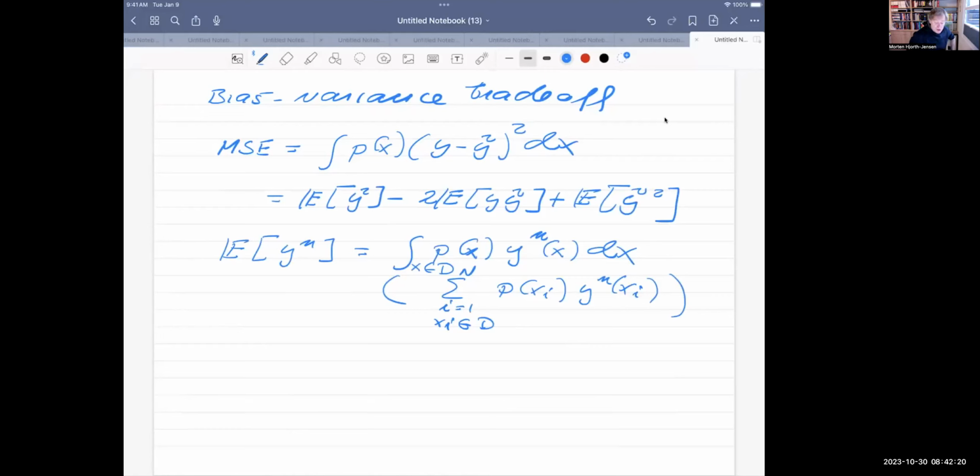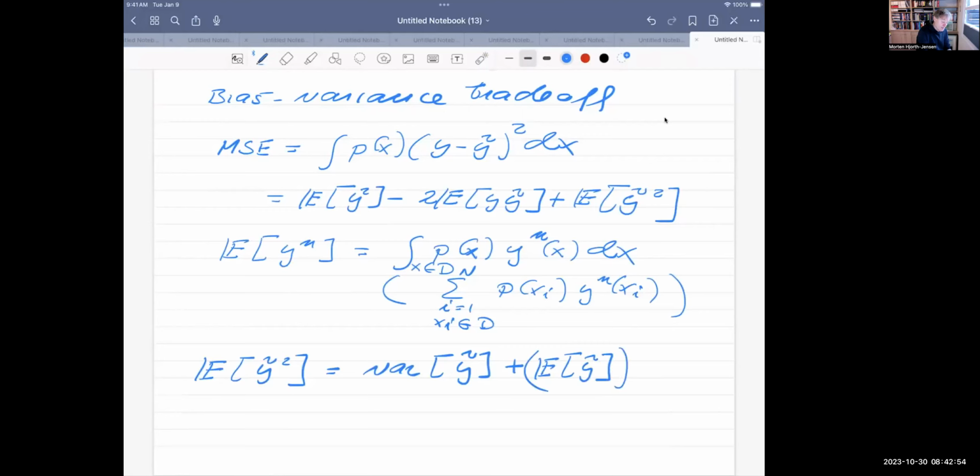Now, if you look at this function here, if you want to redefine things, we're going to simply redefine it a little bit. So if I look at this y tilde squared, which we have in the expression here, this is something which I can simply rewrite as the variance of y tilde plus the expectation value of y tilde, squared.